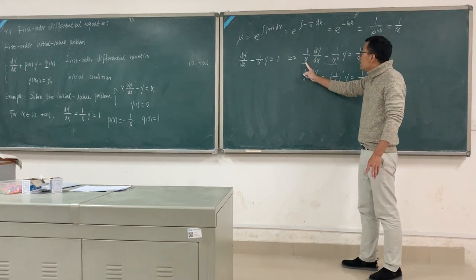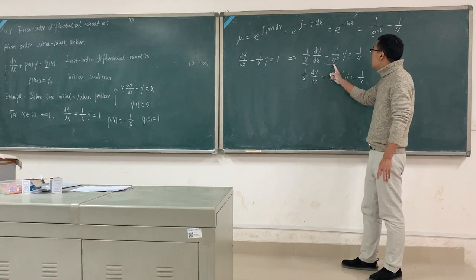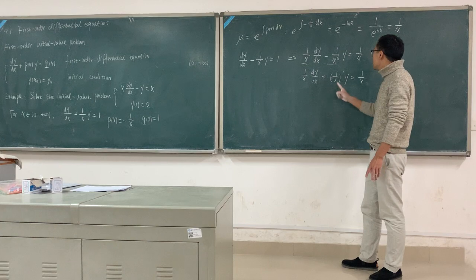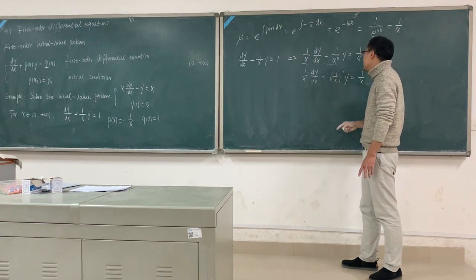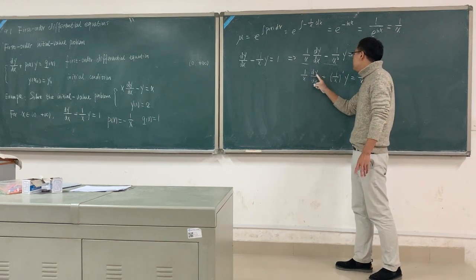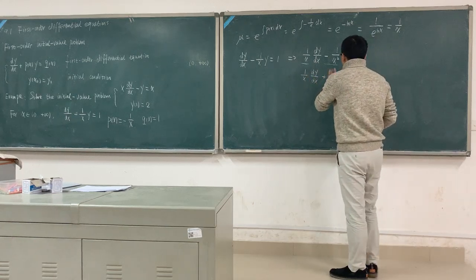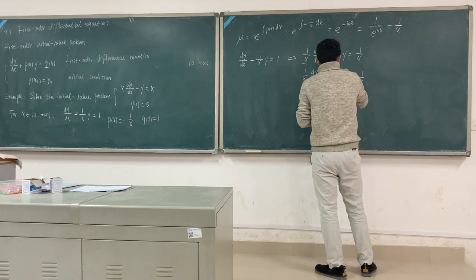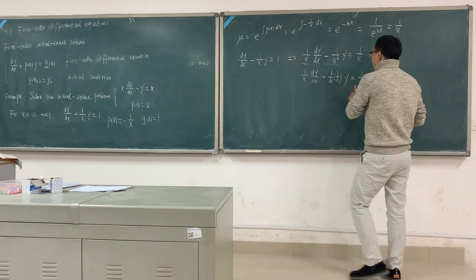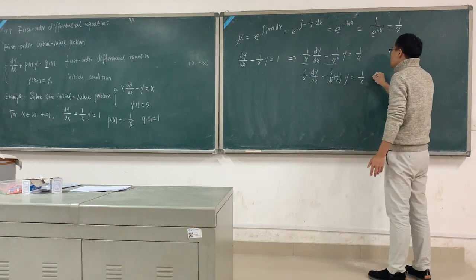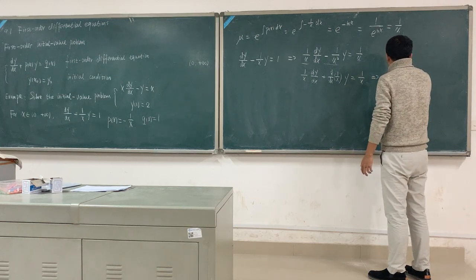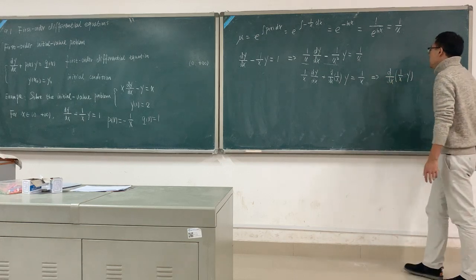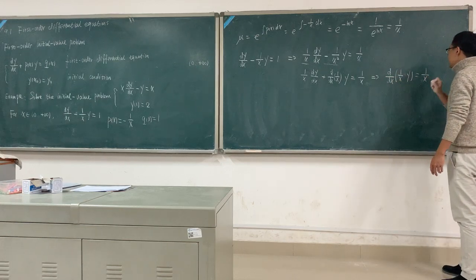This is mu, and this part actually is the mu derivative. So here is the derivative of 1 by x. So the left-hand side is d/dx of (1 by x times y), equal to 1 by x.